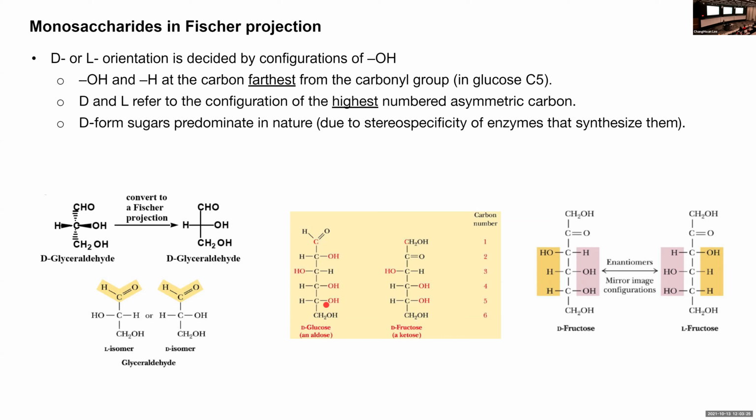So that's going to be C5 instead of C6, which is the last chiral center. And you look at the arrangement of this hydroxyl group, which is on your right-hand side. So that's going to be D form. If it were on the left side, then it should have been called L-glucose. And that farthest carbon is the highest-numbered asymmetric carbon, again, chiral centers.